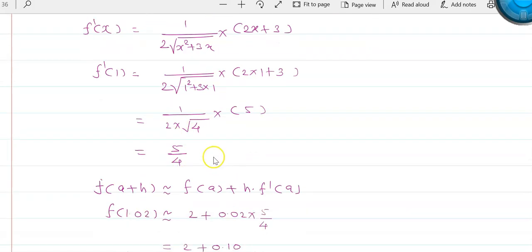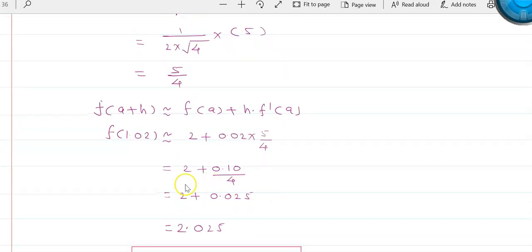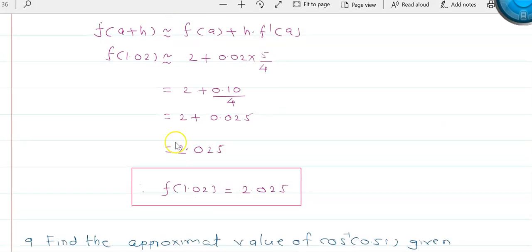Now what is the formula for the approximation? This is very important. f of a plus h is equal to f of a plus h into f dash of a. Therefore f of 1.02 is approximately equal to 2 plus 0.02 into 5 by 4, and that calculation is 2 plus 0.10 upon 4, that's nothing but 0.025.